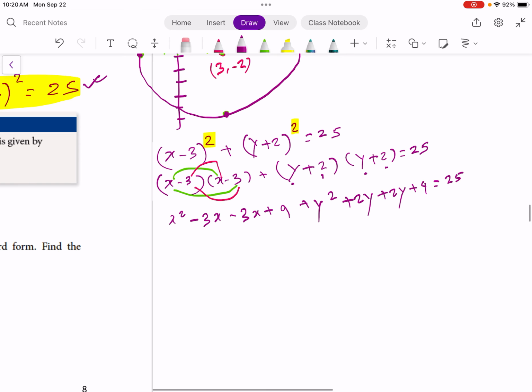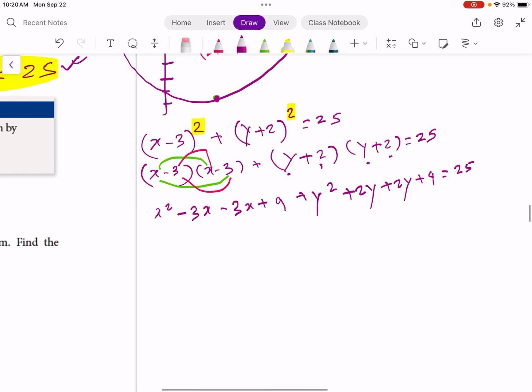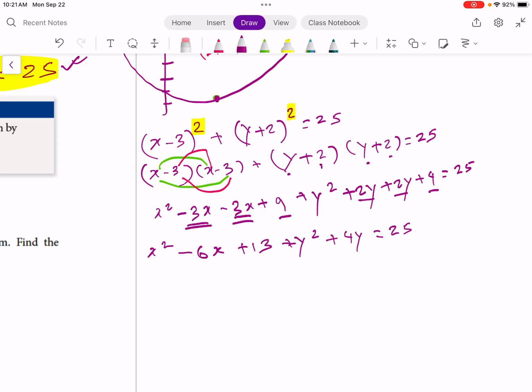Now we look for the like terms. We have x², these two are like terms, -6x, then 9 and 4 are like terms, 9 plus 4 is 13. Then we have y², this and this are like terms, plus 4y equals 25.